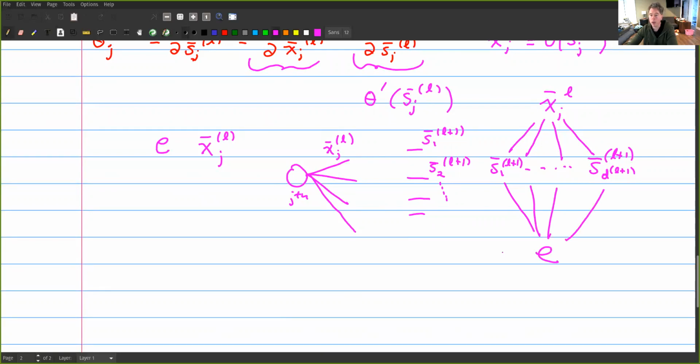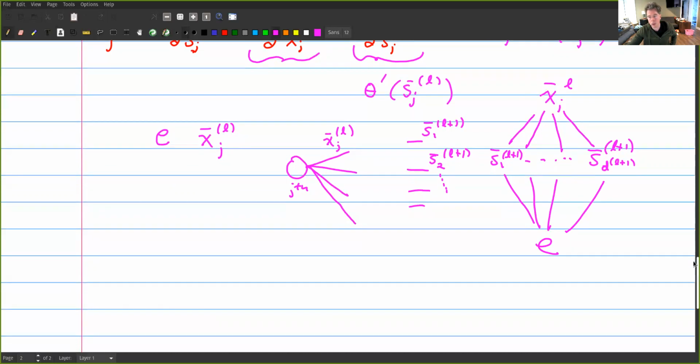So what we have here is a non-trivial case of using the chain rule, the multivariate chain rule. If you've taken calculus 3, then you might know that when a function depends on a variable through several intermediate functions, then you have to sum them up when you do the chain rule.